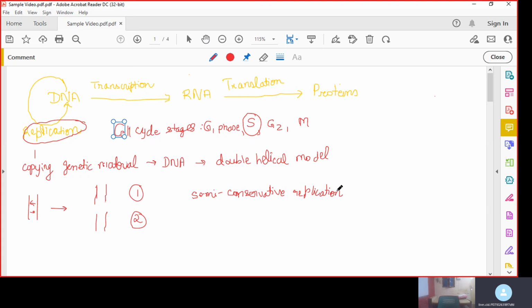This semi-conservative mode of replication was proved experimentally by Meselson and Stahl in 1958. So this experiment is also known as the Meselson and Stahl experiment. When we are asked about the semi-conservative mode of replication, we need to explain this experiment of Meselson and Stahl. So let's have a look.